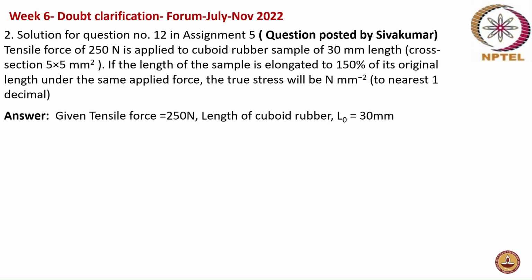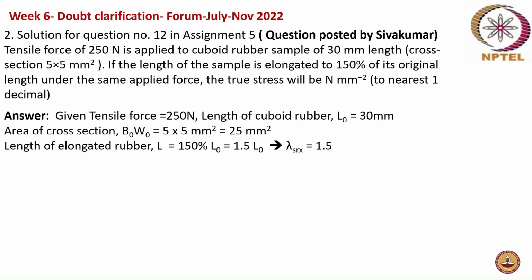So here, your tensile force is 250 Newton, length of the cuboid is 30 millimeter, and area of cross section is 5 into 5, that is 25 mm square. It is elongated by 150%, that means 1.5 times the original length. So lambda x is 1.5.